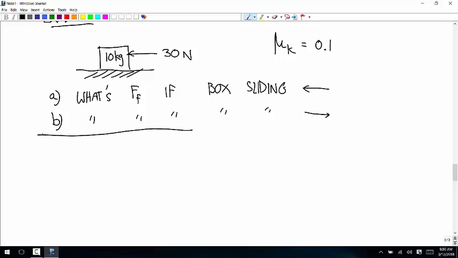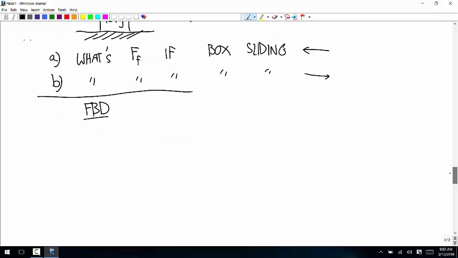Okay, so what's the first step? The system. Trust the system. In part B, it's also sliding, just in the other direction.